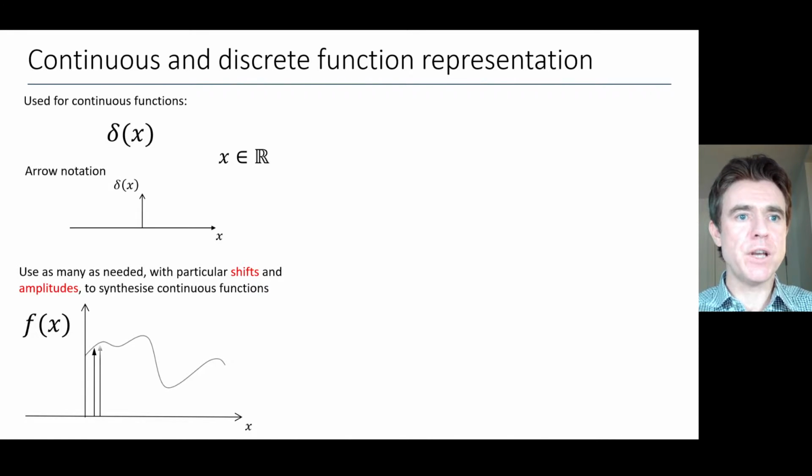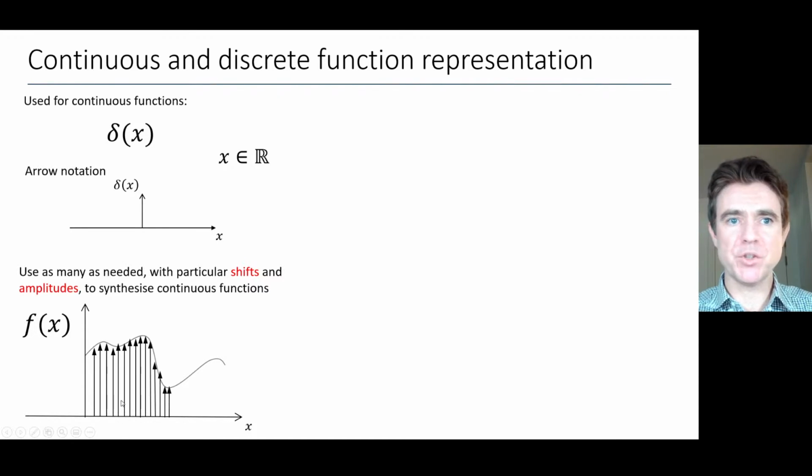And what we can do then, as I've shown earlier, is just now use those spike-like Dirac delta functions. Here I'm exaggerating their spacing a bit. They'd actually be infinitesimally spaced, so there'd be no visible gap between them. We can use them with various shifts. In other words, we can use that kind of x minus a, where a is just stepping through all the x values here, and then we could use a different amplitude, if you like, on all of them in order to recreate or synthesize some continuous function f of x. But we'll get back to that even more later in the video.